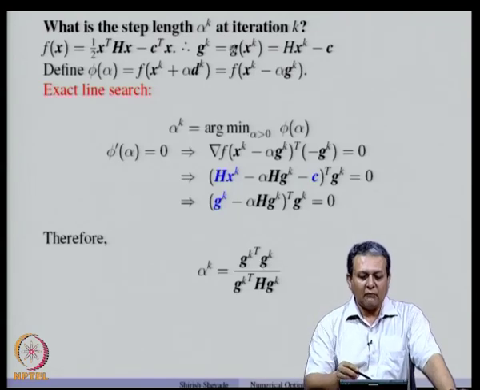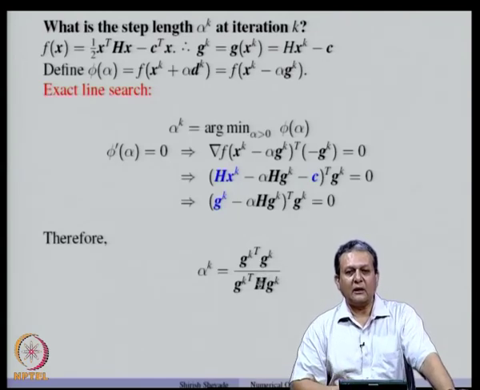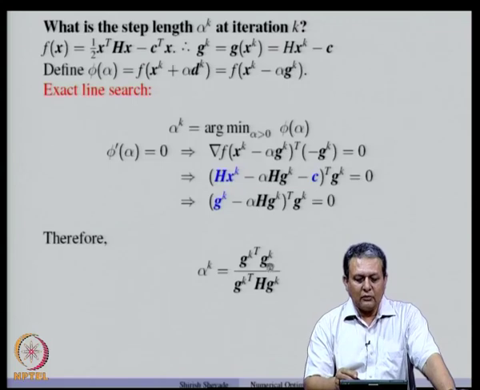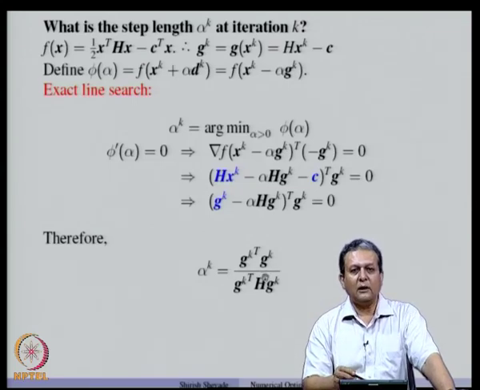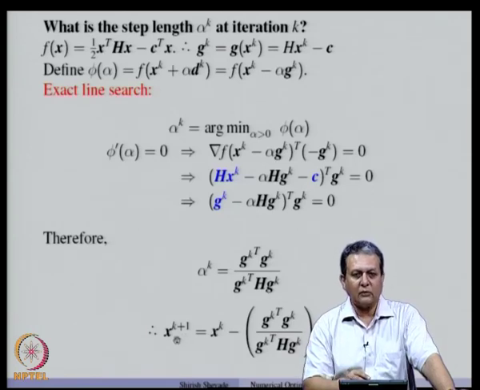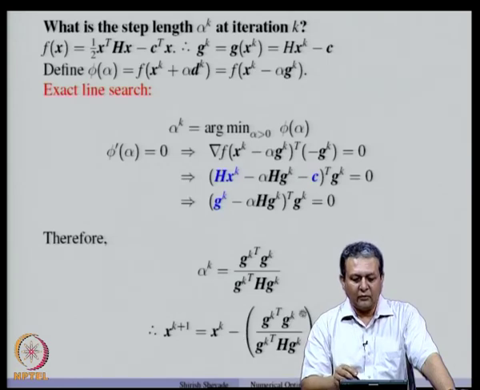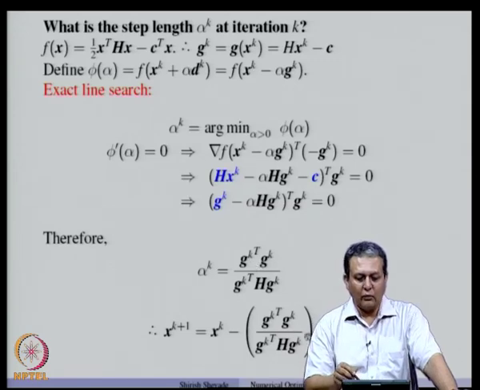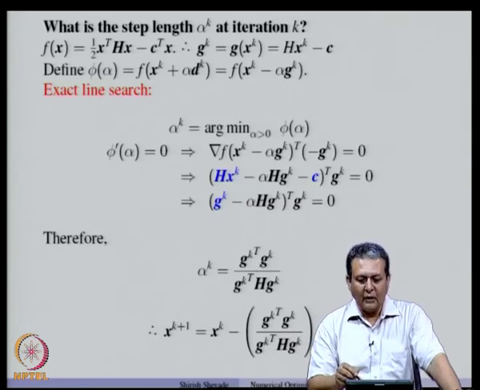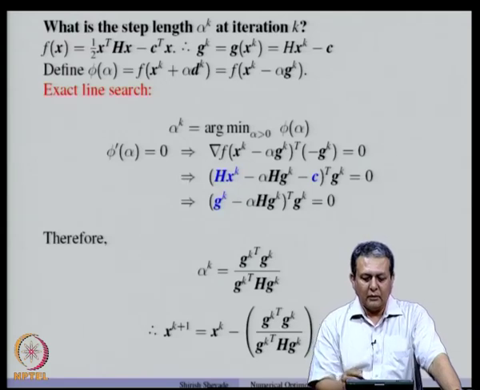So, if gk is not equal to 0, alpha k is greater than 0, and then we can use this alpha k to determine our xk plus 1, the new point. The new point xk plus 1 is nothing but the old point minus alpha k gk, where alpha k is the quantity which we derived just now. So, that gives us the new point xk plus 1.